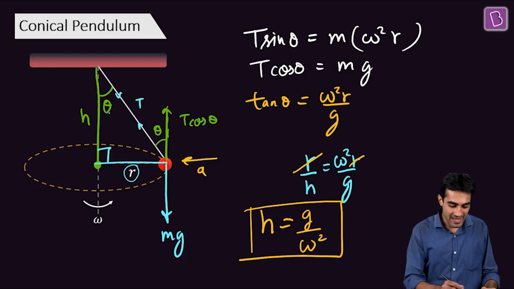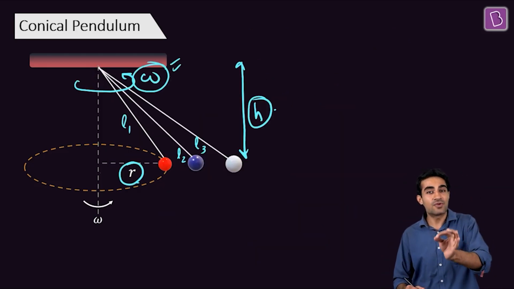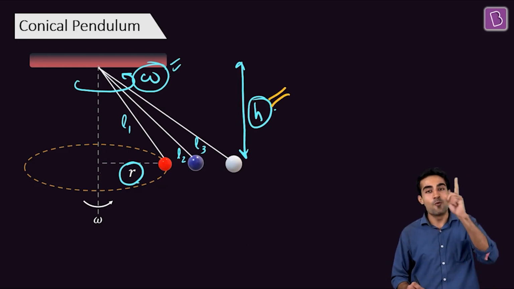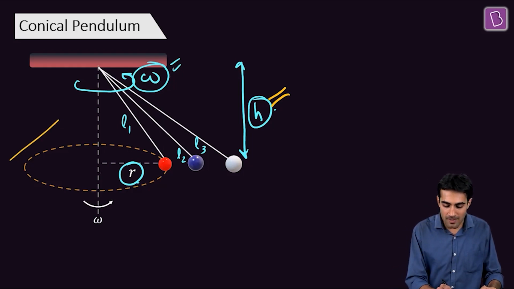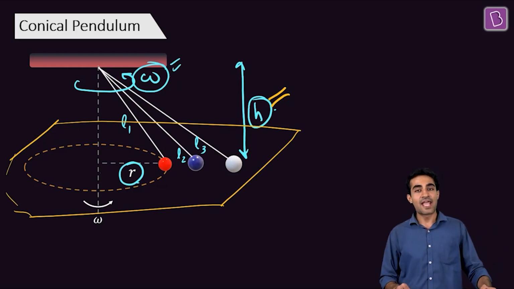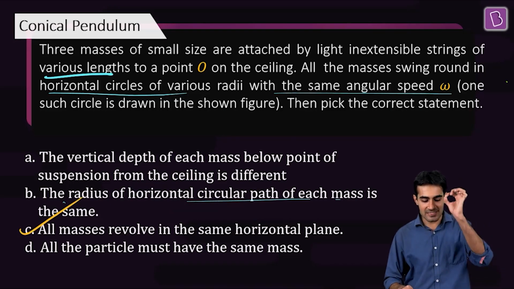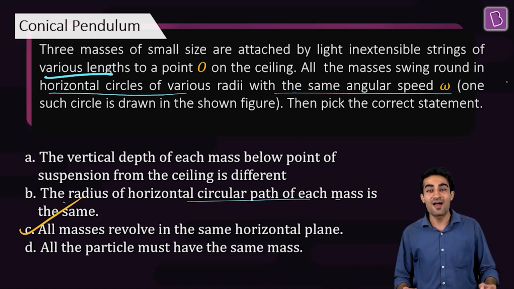This means if we have lengths of the string to be different, L1, L2, L3 are different, but if omega is same, then the depth will be same. Well, this means all the balls revolve in the same horizontal plane. And we can mark option C, all the masses revolve in same horizontal plane, as the right answer for our question.